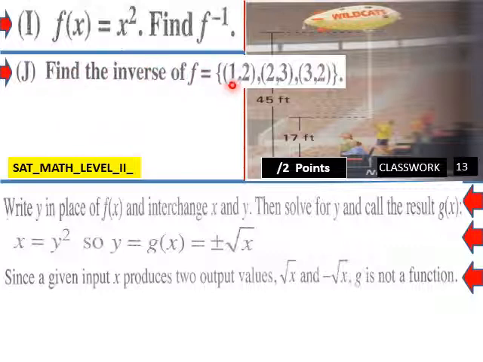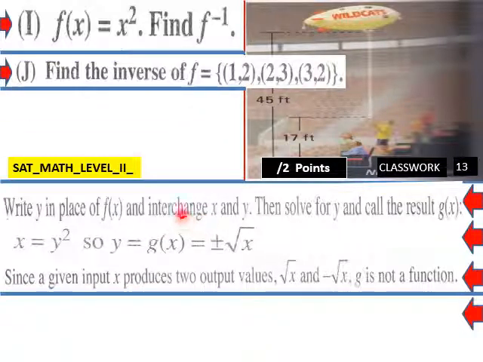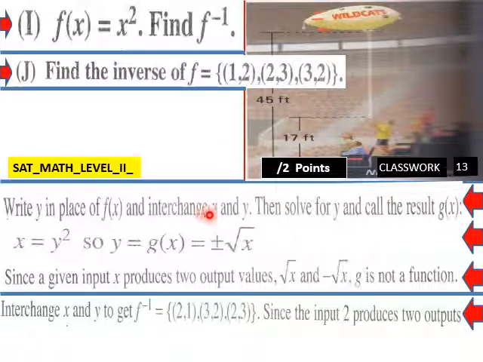Find the inverse of f. So we have (1, 2), (2, 3), and (3, 2). This is f, so we need to find the inverse of this relation. To find that, we have to interchange x and y to get the inverse of f. So here's (2, 1), (3, 2).